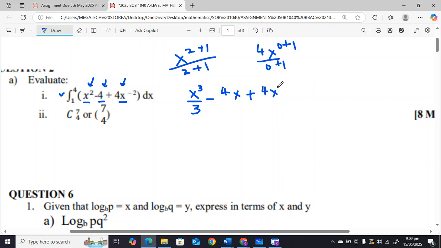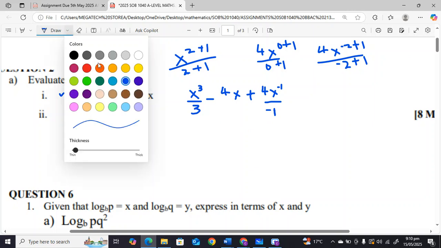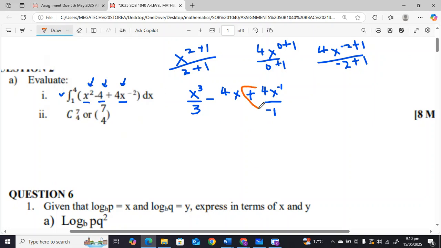To the power negative 1 over... Then these signs, negative and positive, what does that make?